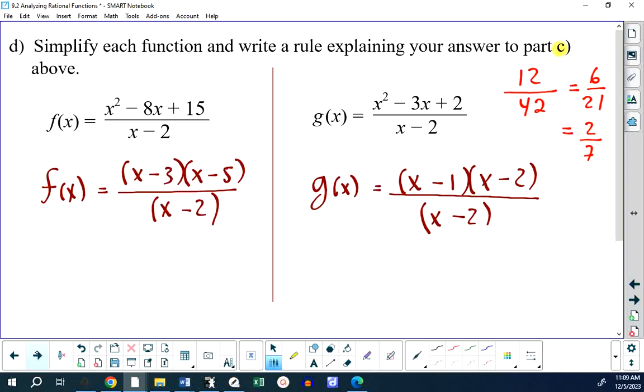The reason that's working is because in 12 and in 42, each of them has a factor of 2, so I can cancel it. And then in the 6 and in the 21, each of them has a factor of 3, so I can cancel it. That's what's happening when you're canceling. So we can do this. So g of x is equal to x minus 1.